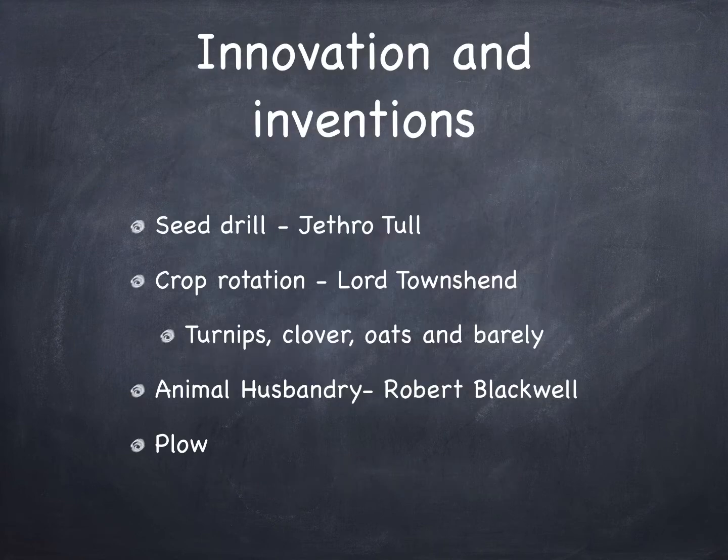All right, so the seed drill, we already talked about that, Jethro Tull. Crop rotation was Lord Townsend. Turnips, clovers, oats, and barley were the key crops of crop rotation. Animal husbandry, which was Robert Blackwell, basically they decided to breed animals by size.